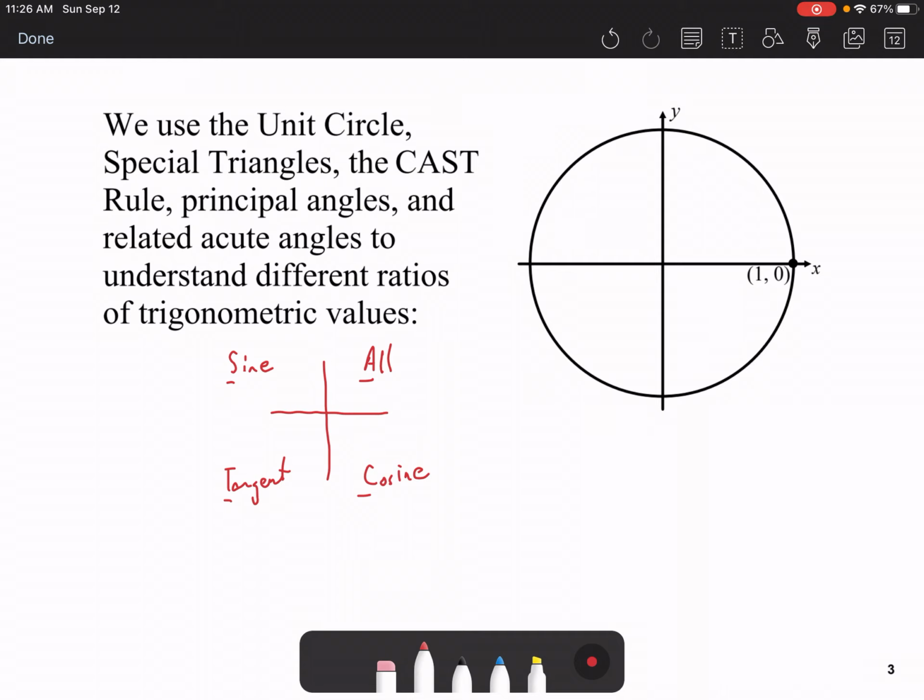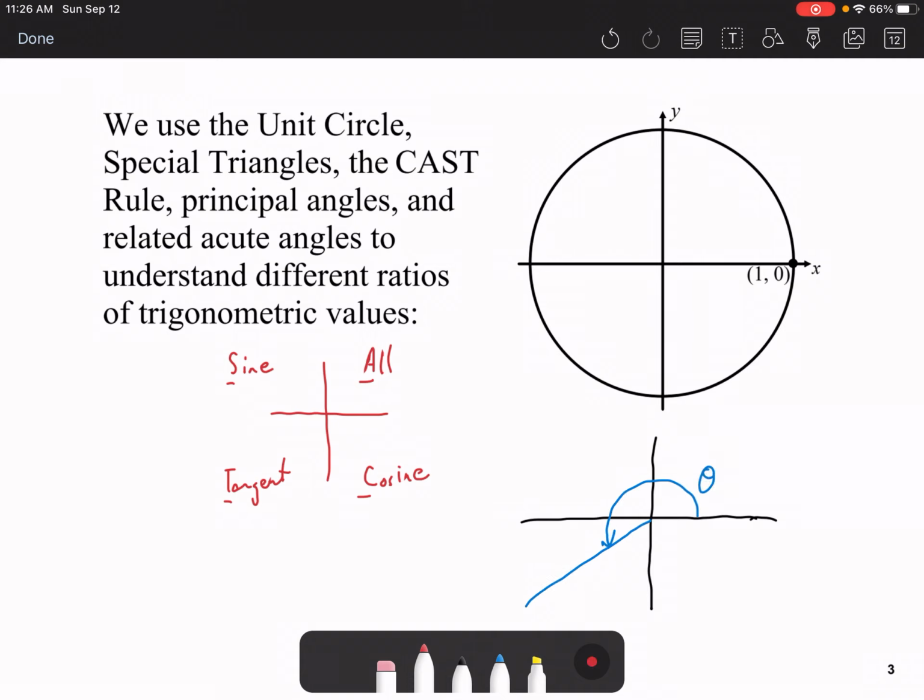You can also represent things by what are called related acute triangles or related acute angles. Let's say we again have an angle theta in standard position. That's a principal angle.